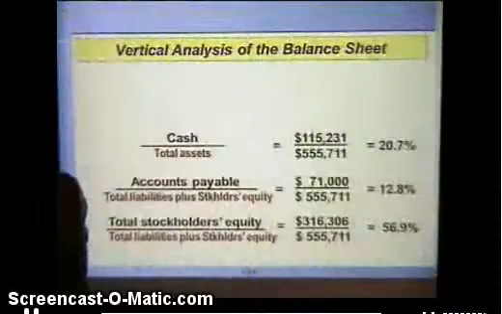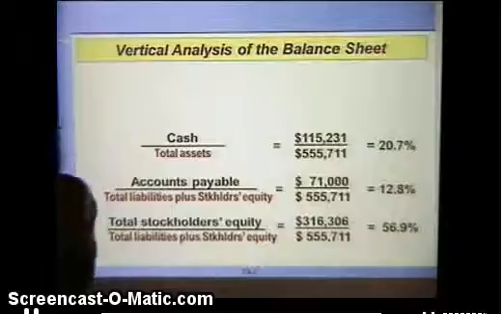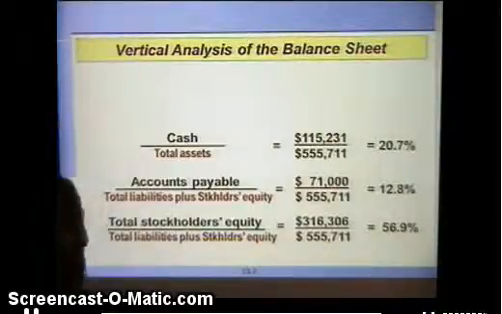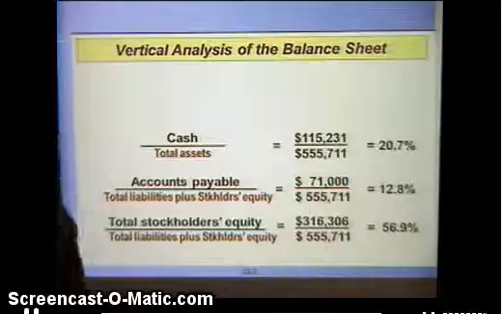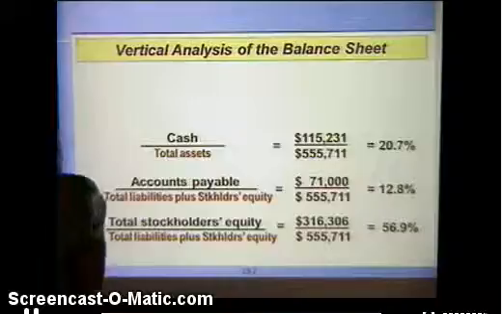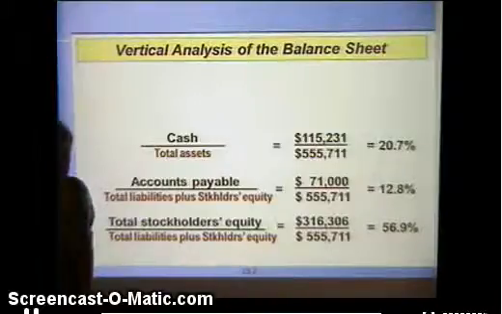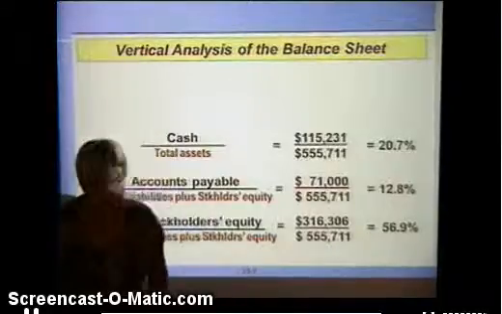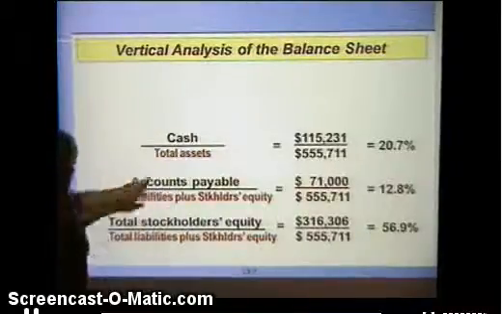Then we're going to look at the balance sheet. On the balance sheet, to prepare our analysis statement, we're going to compare different things to different portions. For instance, in the assets section, we're going to compare our assets to total assets.